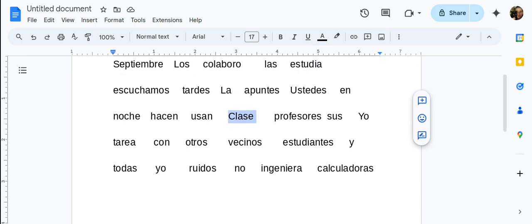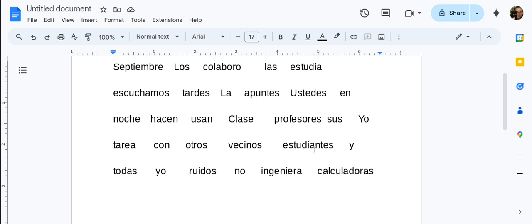First thing I would like to do would be to see the verbs. So colaboro is one verb, so I'm gonna write it. Colaboro. Escuchamos is another verb, so I'm gonna write it.